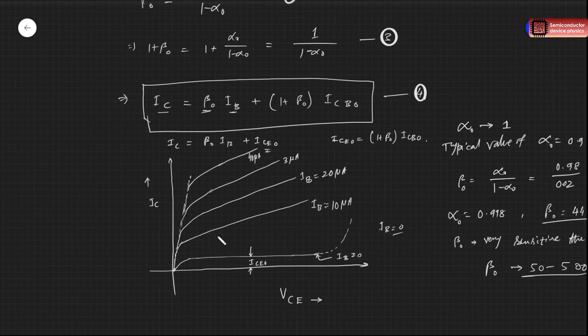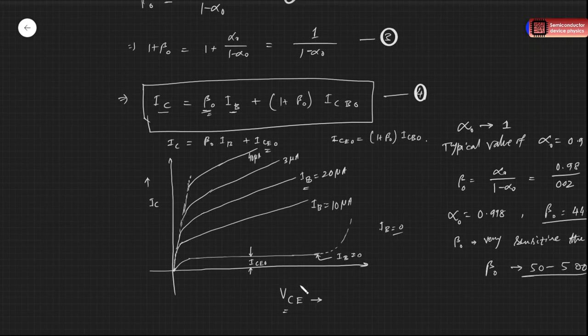Okay, so in this you can see that the curve is not horizontal, right? It has an incremental slope also, because as we increase this VCE value, even though the IB is constant, the beta value increases.